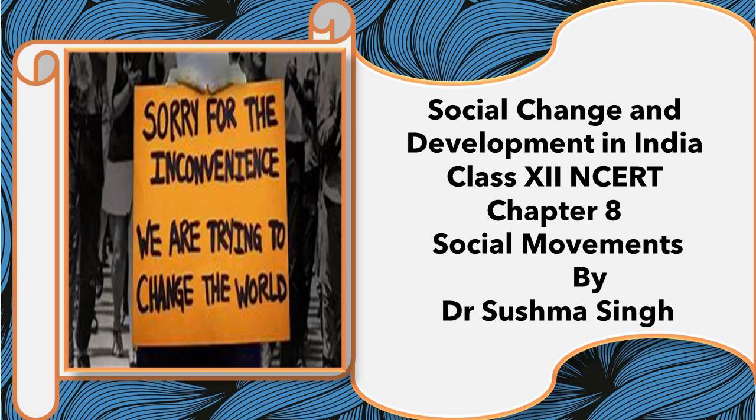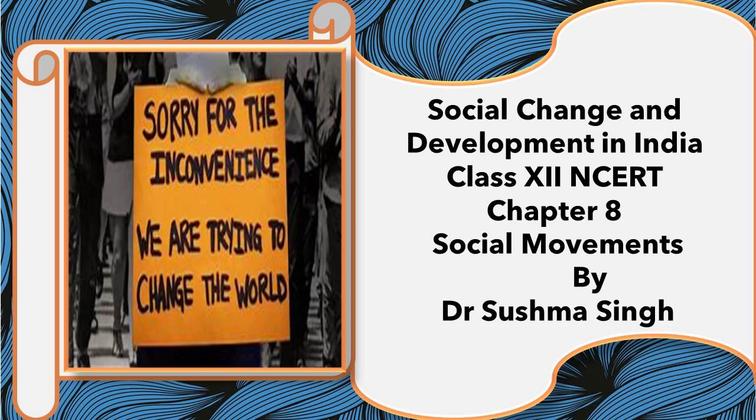How a social movement is perceived and classified is always a matter of interpretation. It differs from one section to another. For instance, what was a mutiny or rebellion for British colonial rulers in 1857 was the first war of independence for Indian nationalists.